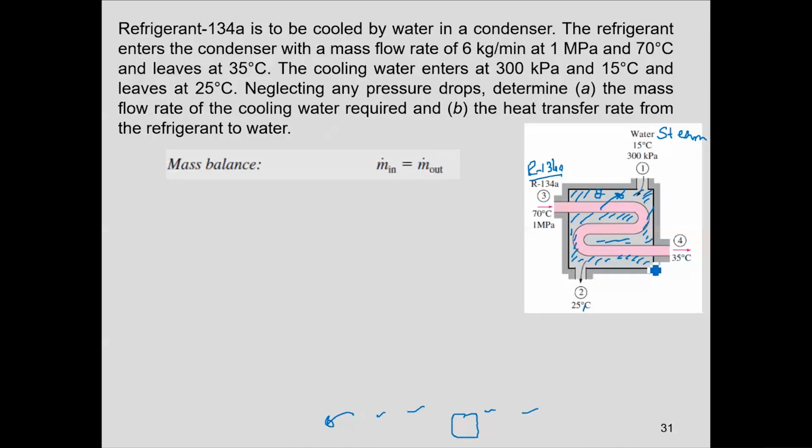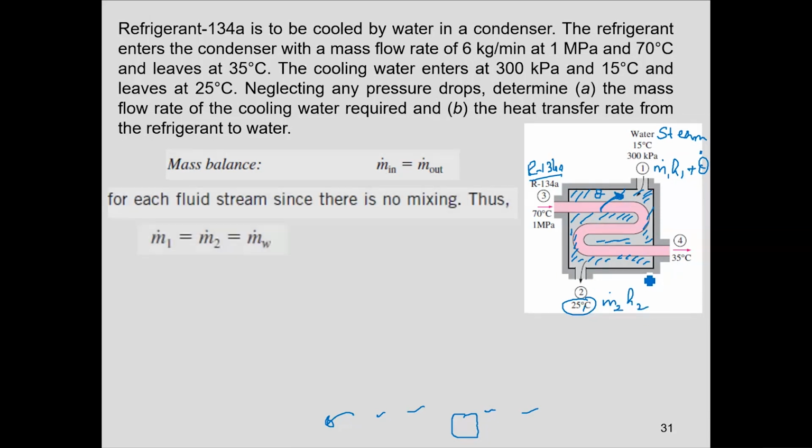If you see this control volume, there is a heat transfer which is moving into the system. There is energy which is entering into the system in terms of mass flow rate. So there is m dot h1 which is entering into the system, and heat Q dot is entering into the system, and the energy leaving is essentially the energy of the fluid which is leaving the system, which is m dot h2.